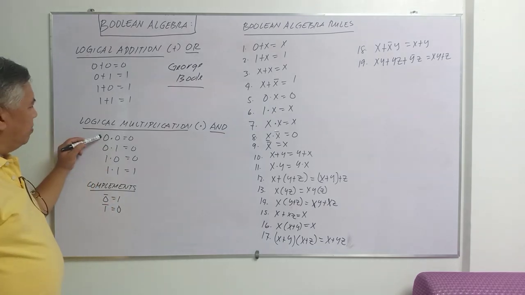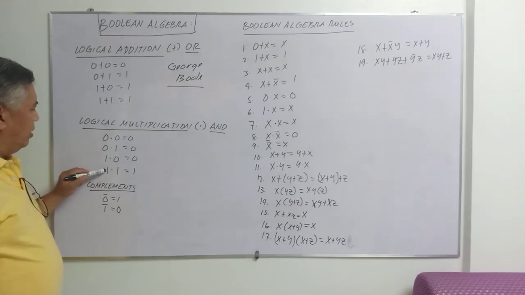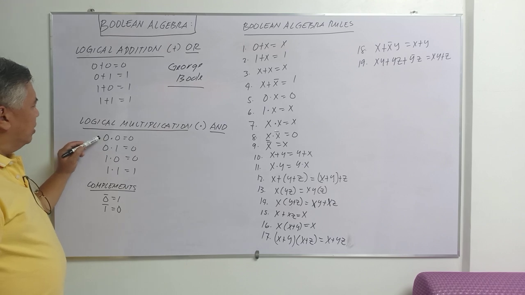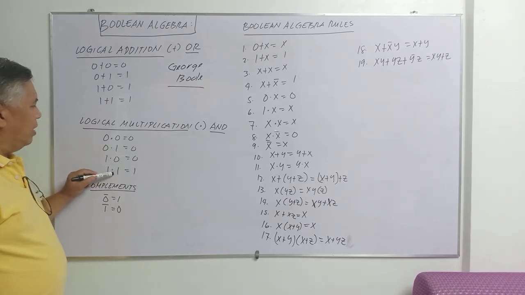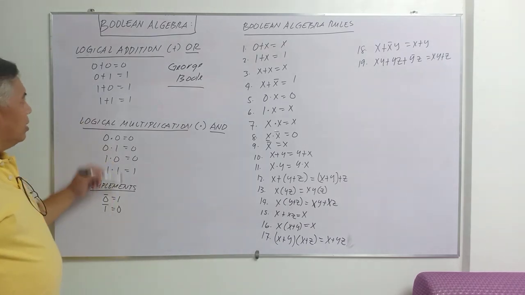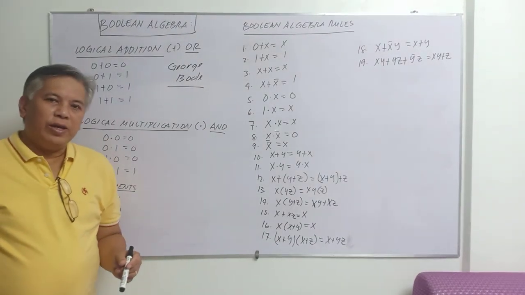Any number multiplied by 0 is equal to 0, and 1 times 1 is equal to 1. Or we can read this as 0 AND 0 is equal to 0, 0 AND 1 is 0, 1 AND 0 is 0, 1 AND 1 is equal to 1. These are your logical addition and logical multiplication.